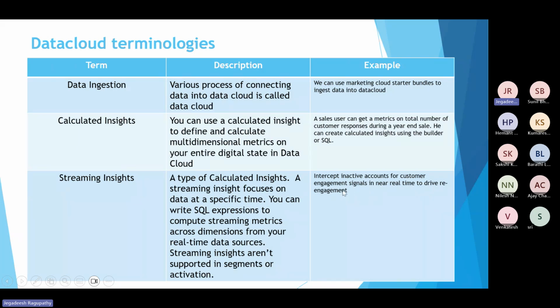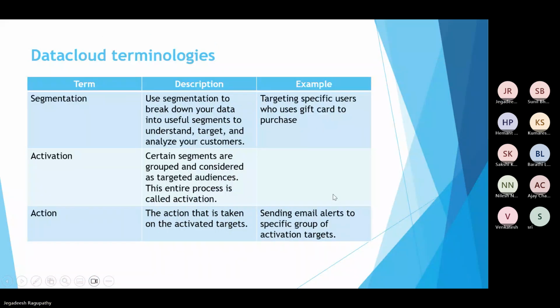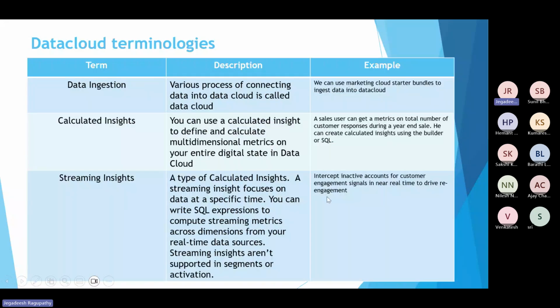For example, consider you're using Amazon shopping. For 6 months you did not log in and purchase anything, so based on the 6 months time period, you will be considered as an inactive account.